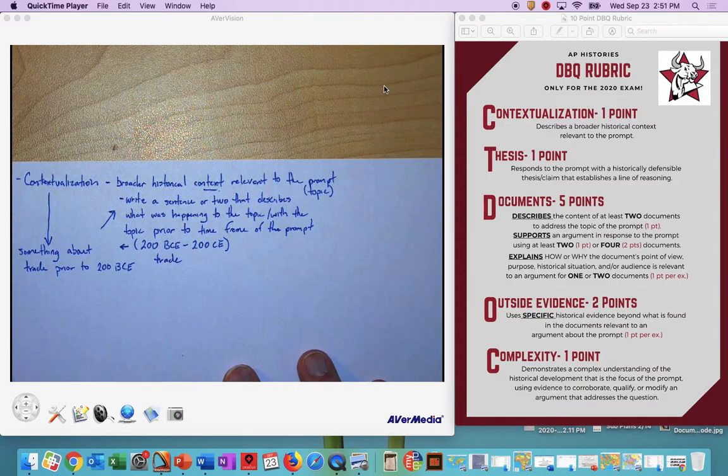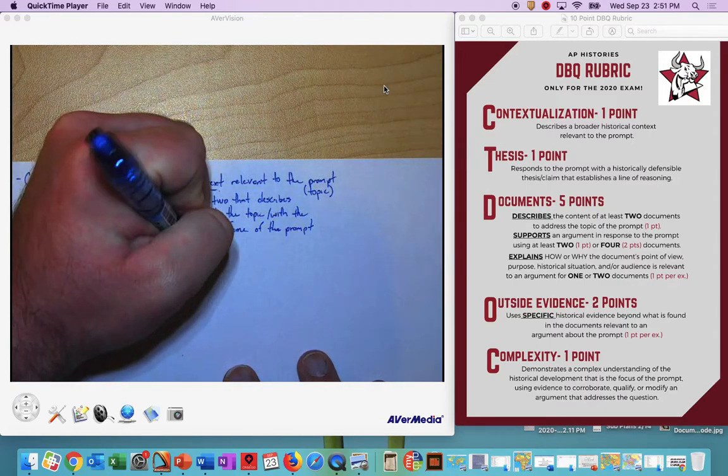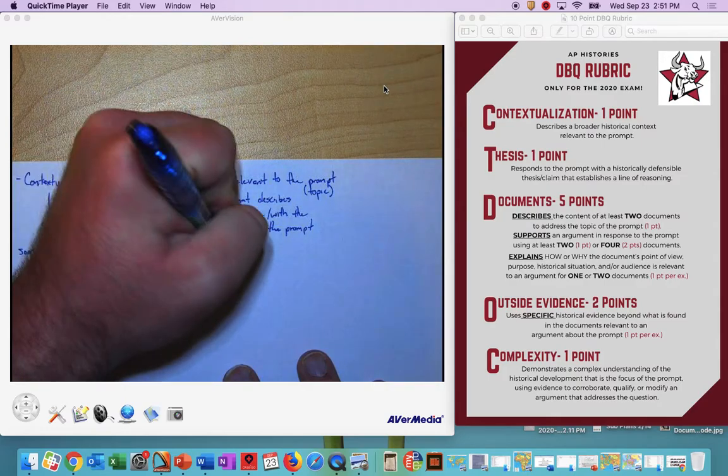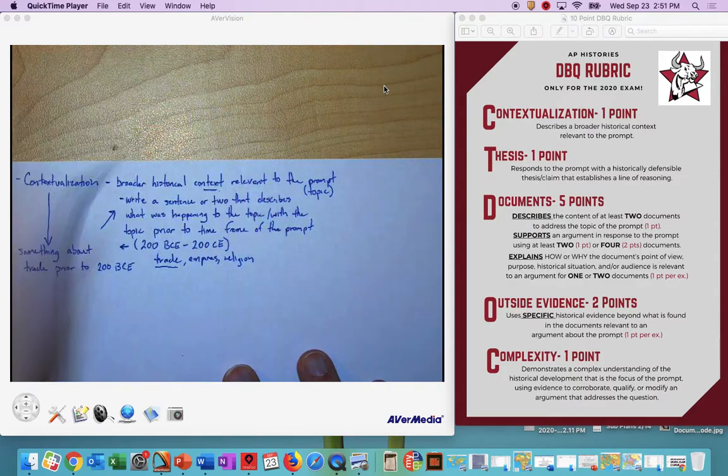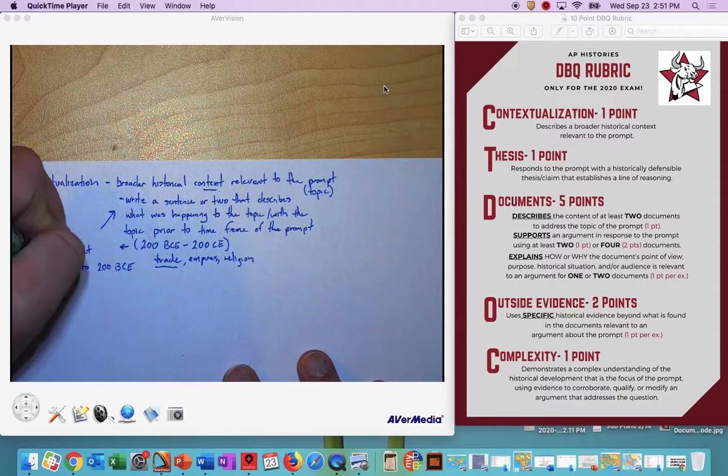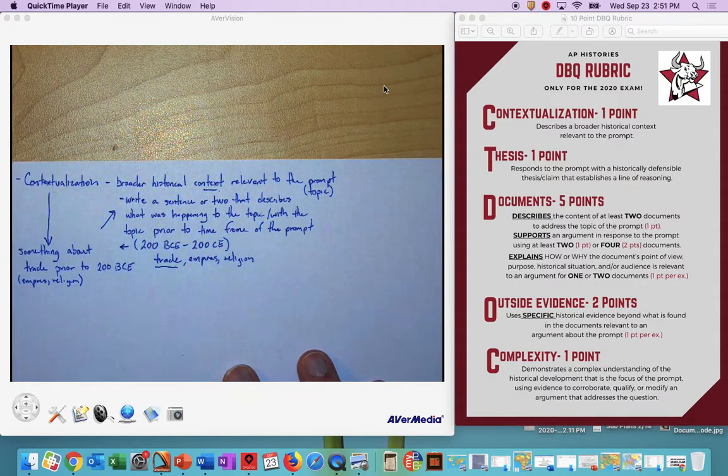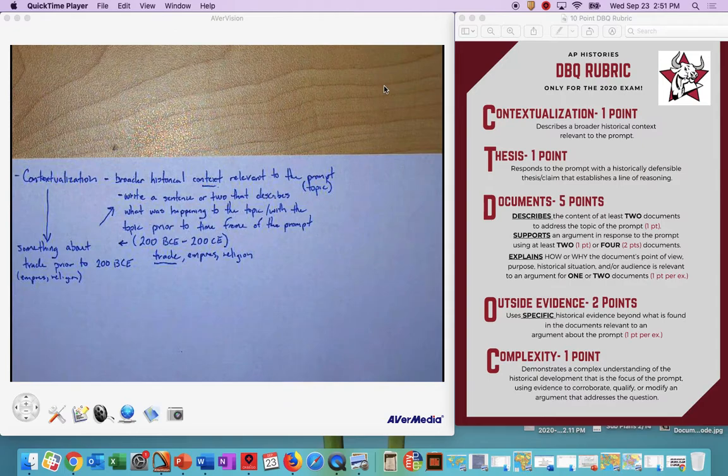Just a sentence or two. It doesn't have to be complex. It doesn't have to be super fancy. It just has to be something that's correct that relates to the topic of the prompt. So if the topic of the prompt was trade or empires or religion, whatever, you're just going to say something about trade or empires or religion prior to that time frame. That's all you've got to do.